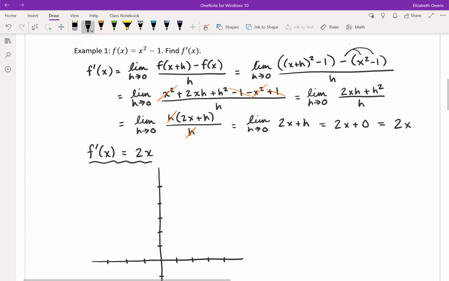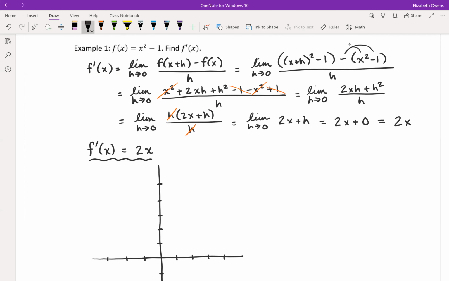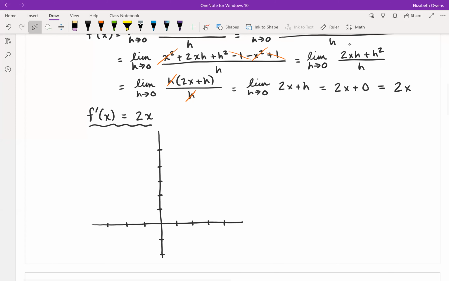So the original f of x was x squared minus 1. That's a standard parabola that's been shifted down 1 unit. So let's put that on here. Here's our vertex, and it opens upward like so. Set up a couple points there.